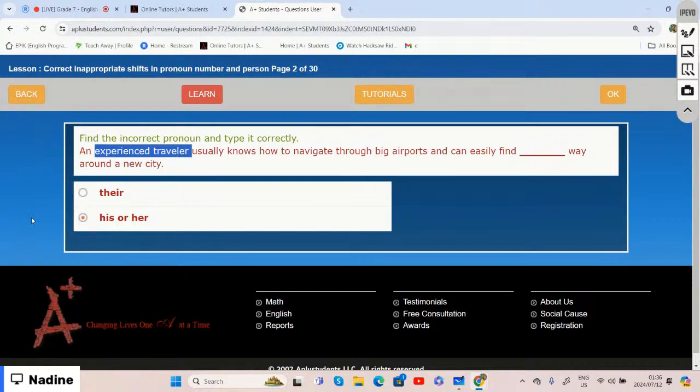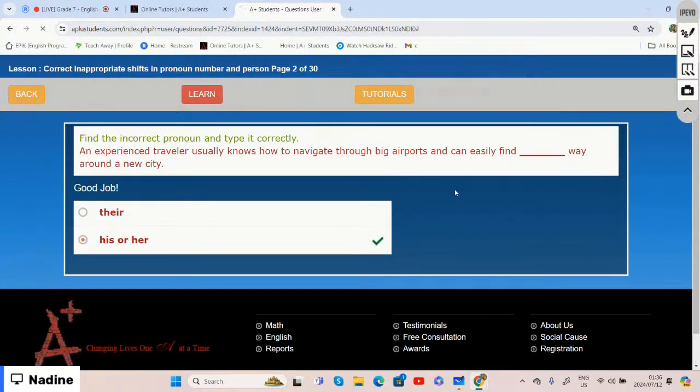Because they didn't say which gender it is. Remember, we specifically said if they don't tell us what gender it is, then we can either add his, we can add hers, or we can basically just make mention of both genders, which is his or her, and that will still refer to the experienced traveler. All right, so his or her is correct.